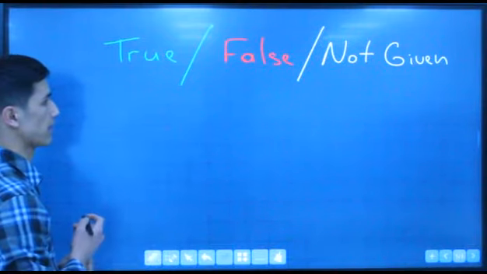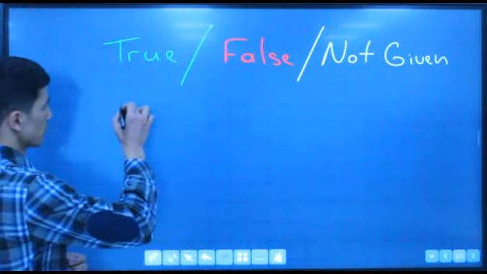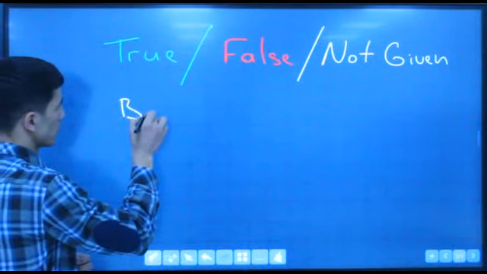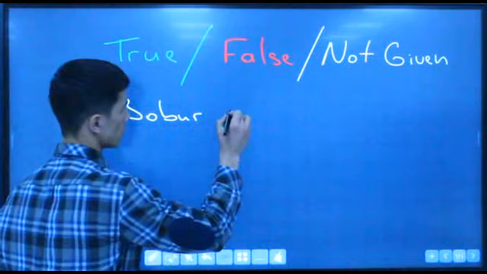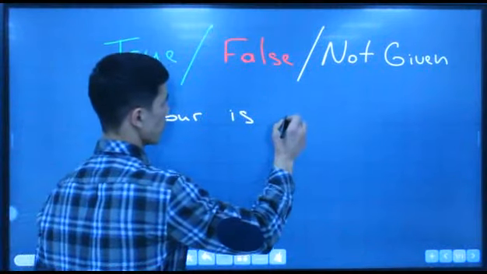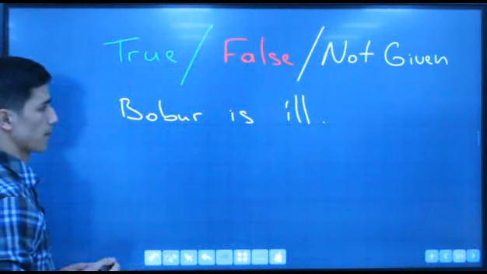So let's have a look at some examples for true, false, and not given. It is the question, Bobur is ill. Let's keep it simple.